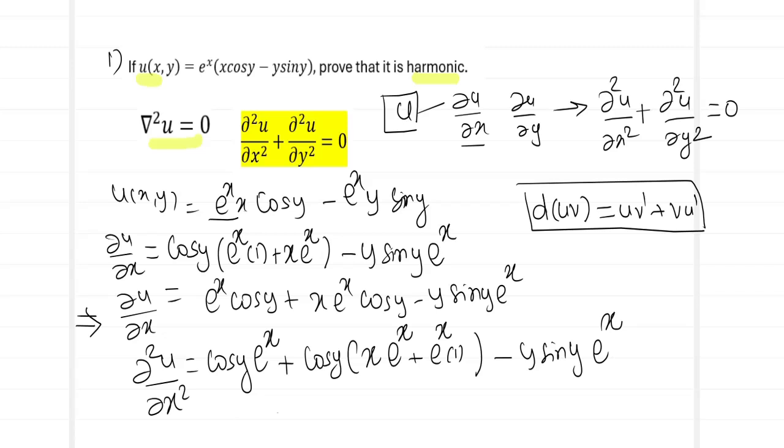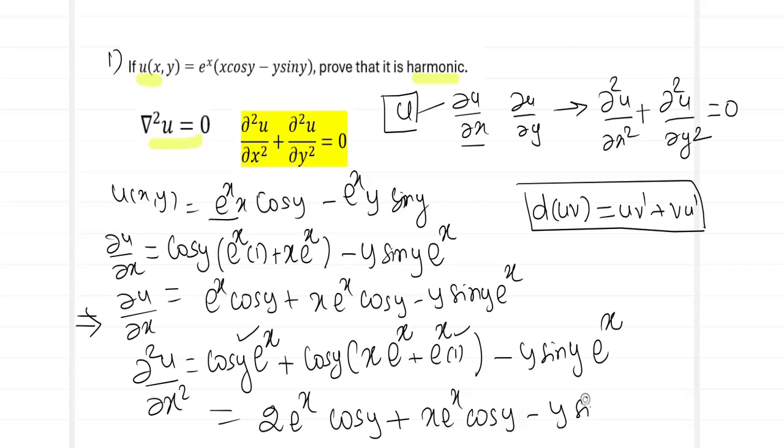So now this e power x and this e power x into cos y makes it 2 e power x cos y and the next term will be x e power x cos y minus y sin y into e power x. So I have now completed my dou square u divided by dou x square.